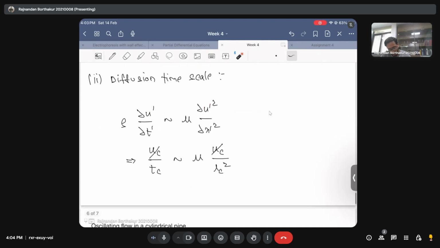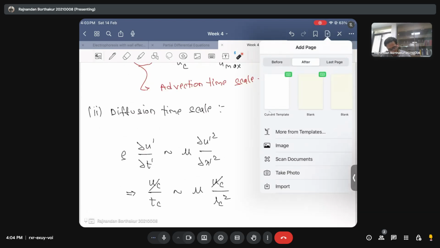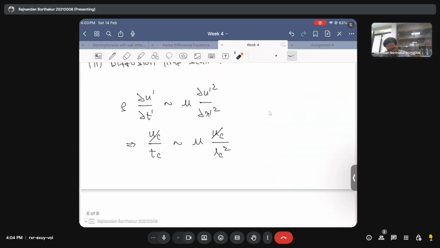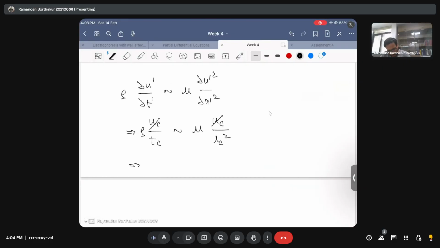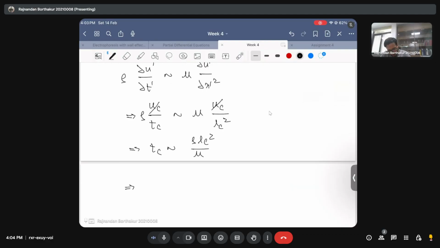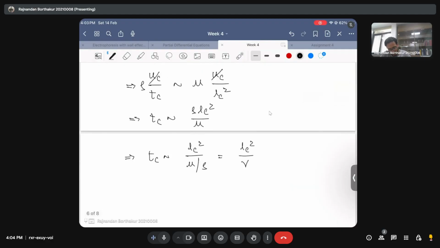So my tc here is going to be rho lc squared by mu, which I can rewrite as lc squared by mu by rho, and this becomes lc squared by nu. This time scale, lc squared by nu, is known as the diffusion time scale.